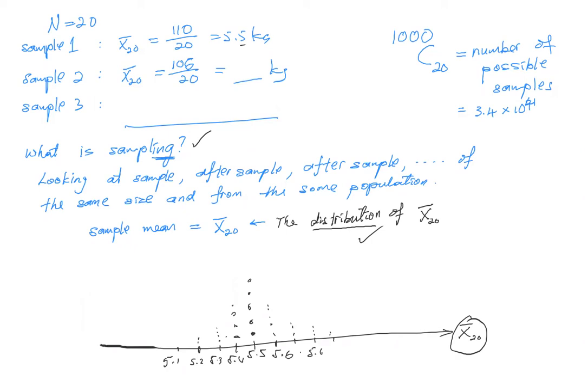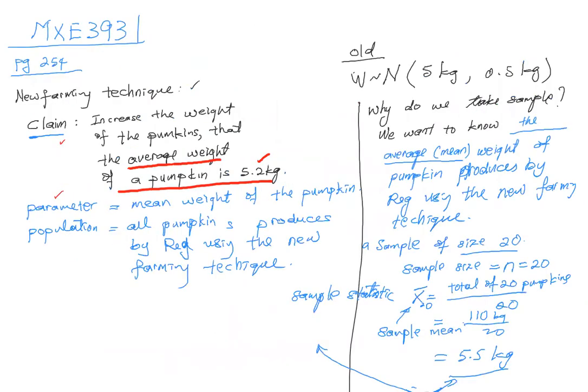So now I'm going to talk about the central limit theorem. Can I move on? First, if I ask you the question, what is sampling? You must be able to answer me. If you make a claim, you must know what your parameter is and from which population you are talking about.